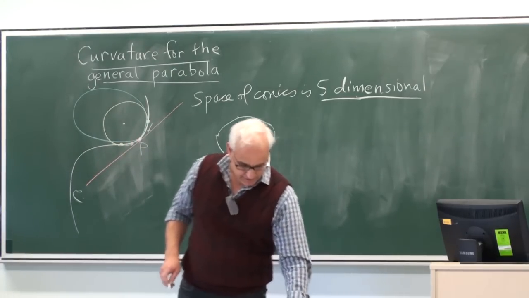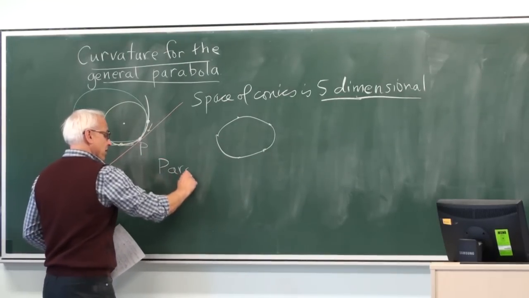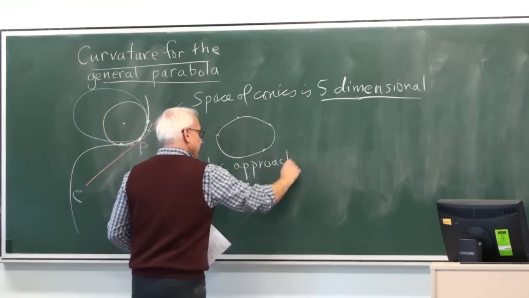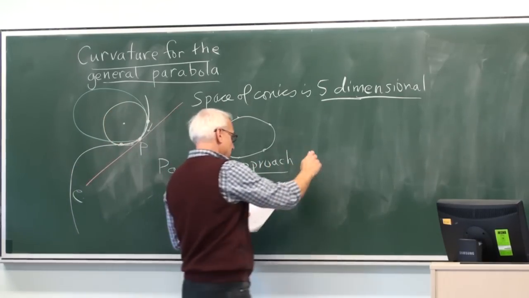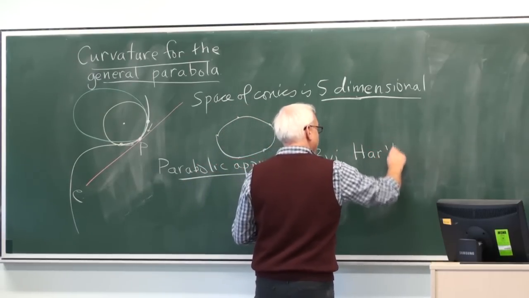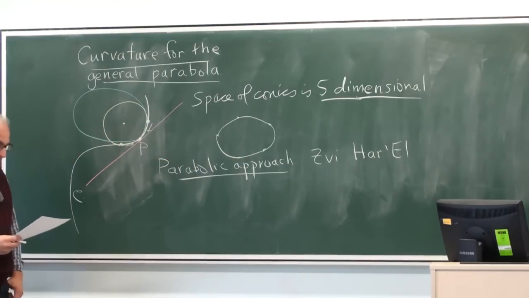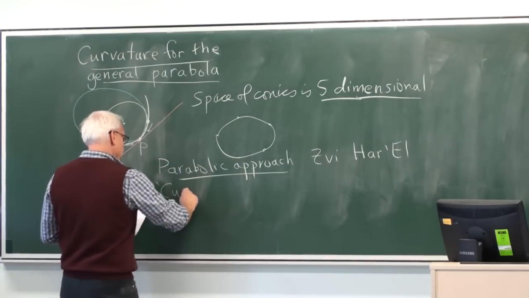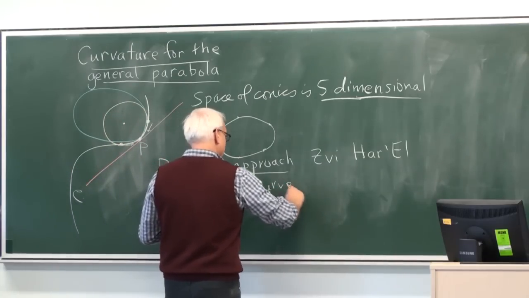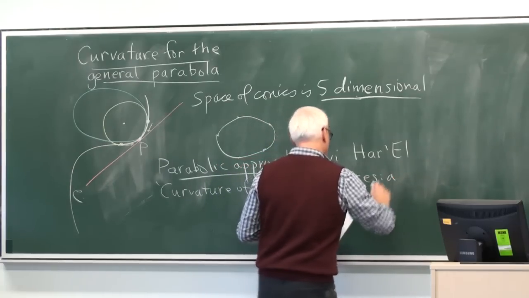And in fact, the place where I first learned about this parabolic approach that I'm going to talk to you about today is in a paper of Zvi Harel, who's a mathematician at the Technion in Israel, who wrote a paper called Curvature of Curves and Surfaces, a Parabolic Approach.